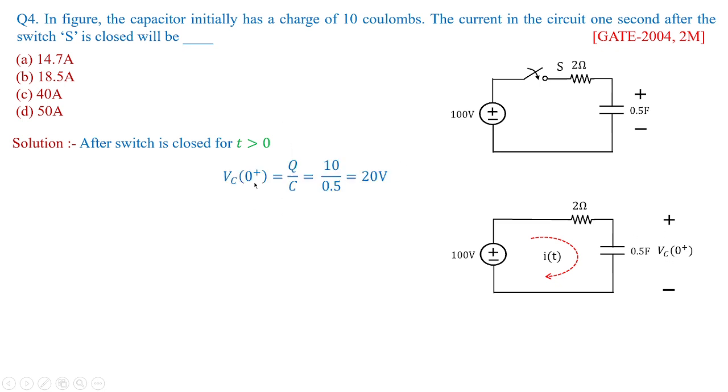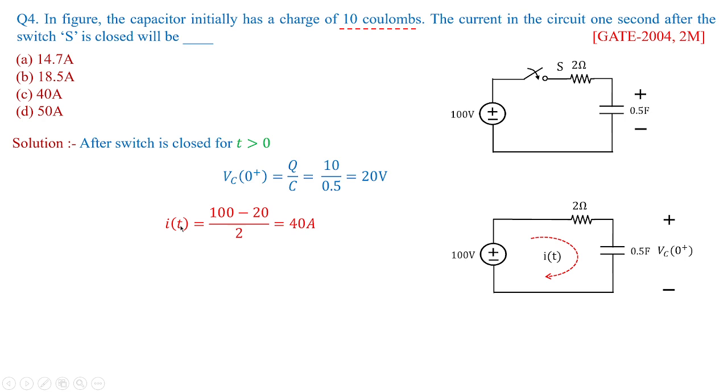Now Vc of 0 plus has the formula Q by C. The charge is given as 10 coulombs, so Q value is 10, C value is 0.5. With that, I get Vc of 0 plus as 20 volts. Now what would be the value of current? Current is the difference of the input voltage 100 volts and the capacitor voltage, divided by the resistor. So 100 minus 20 by 2 becomes 40 amperes.